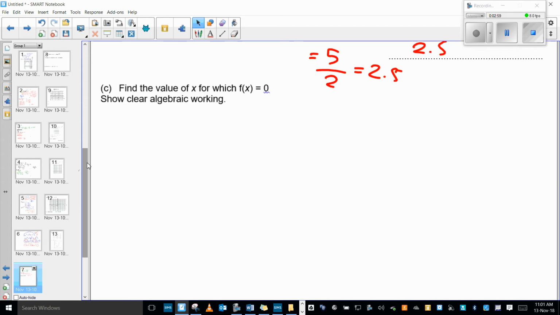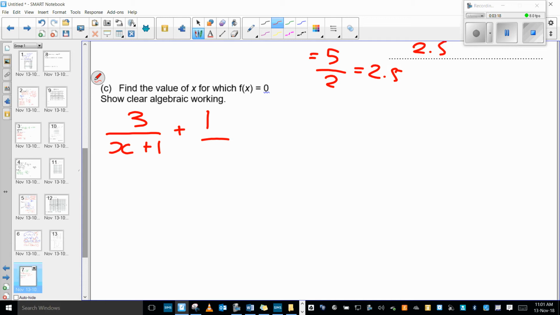Okay, so we have to find the value of x when f(x) equals 0. So the first thing I did was write out the expression for f(x). That's 3 over x plus 1, plus 1 over x subtract 2, and I also wrote that equals 0.